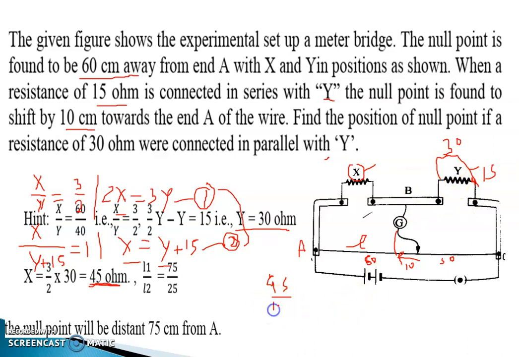If we connect 30 ohm with Y, where Y is 30, then 30 and 30 in parallel combination form the 15 ohm resistance, which is equal to L1 by L2.